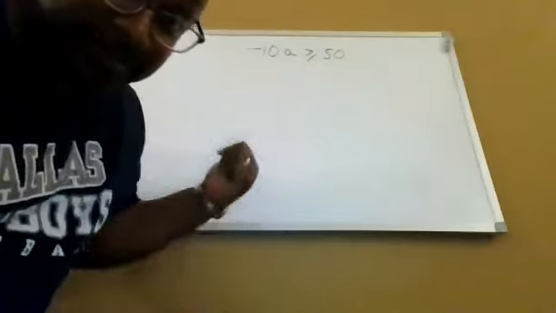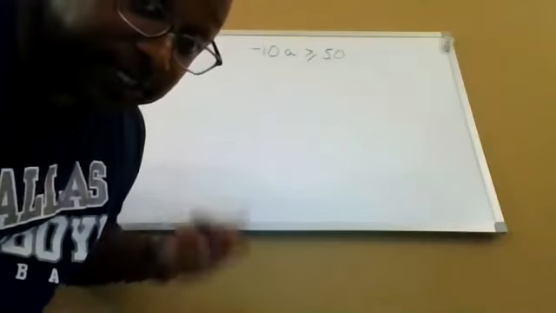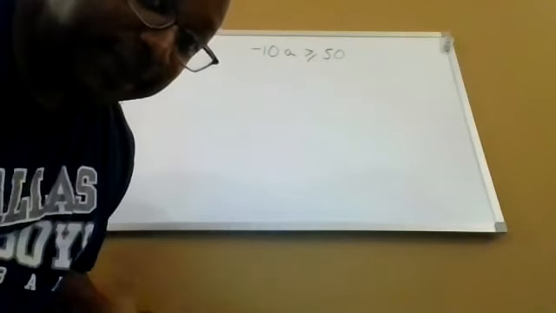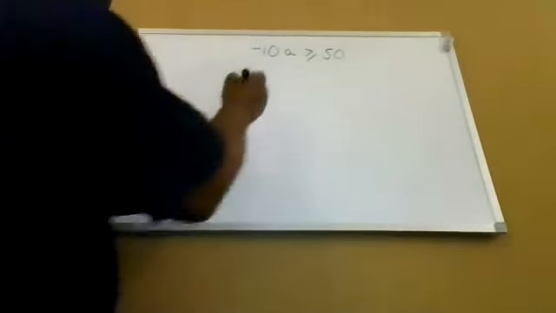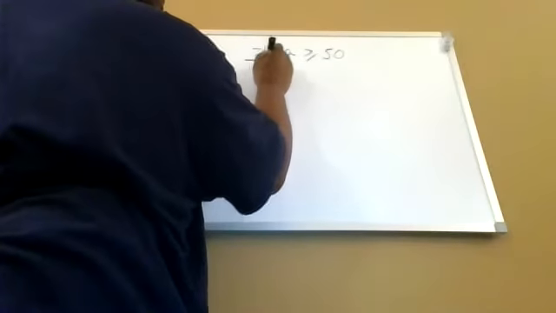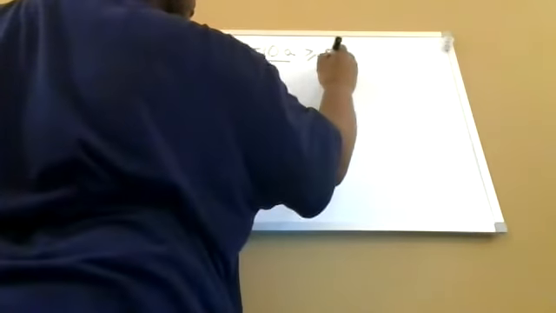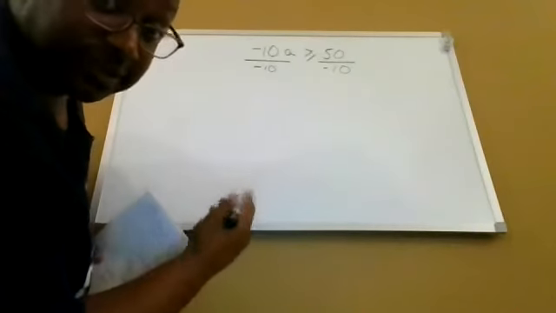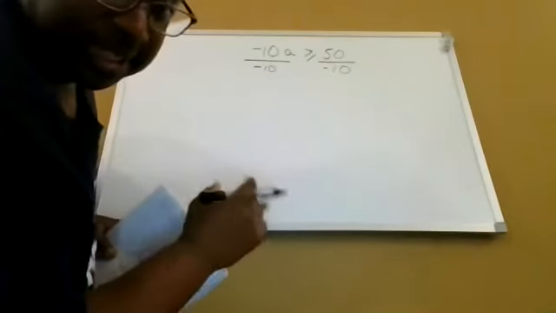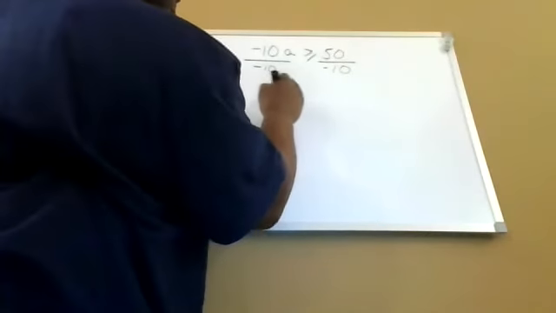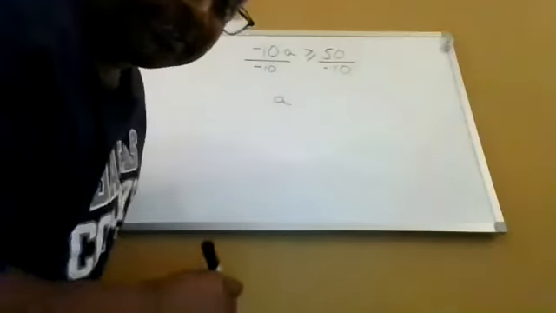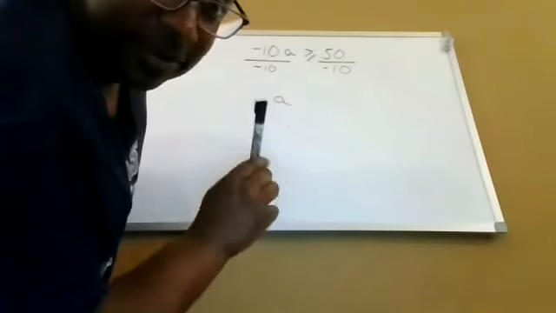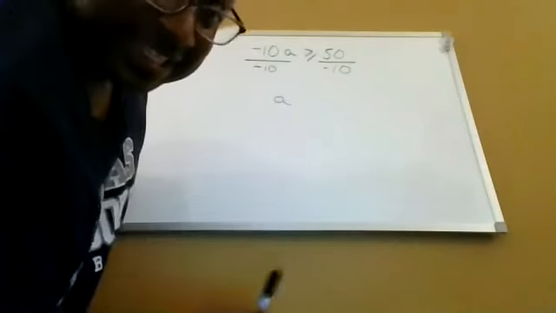First, we start by solving this for A, and we do that by dividing both sides by -10. On the left-hand side, -10 cancels out with -10, leaving me just A. Now, because we divided by a negative number, it's going to change the sign from greater than or equal to, to less than or equal to.